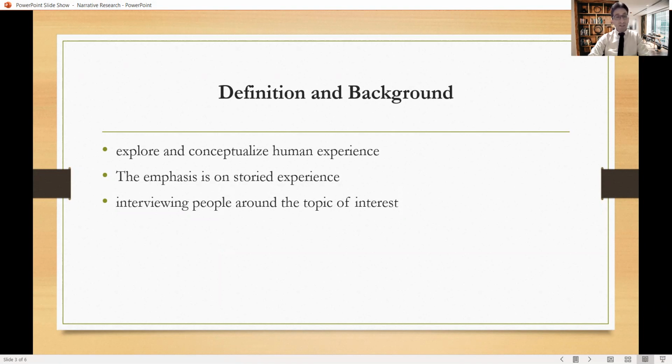Generally, this takes the form of interviewing people around the topic of interest, but it might involve the analysis of written documents. There are some examples of narrative inquiry in qualitative approaches or researches. For instance, stories, photographs, interviews, life histories, and journals.